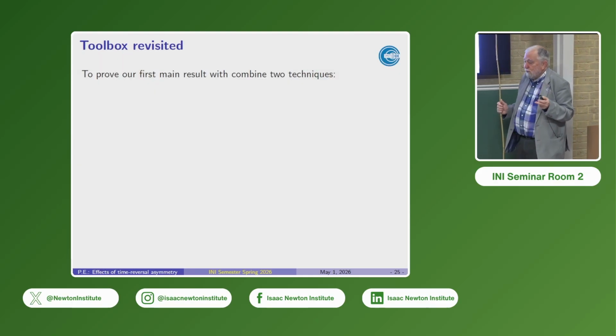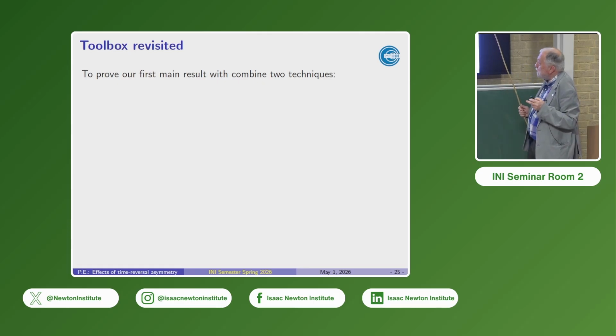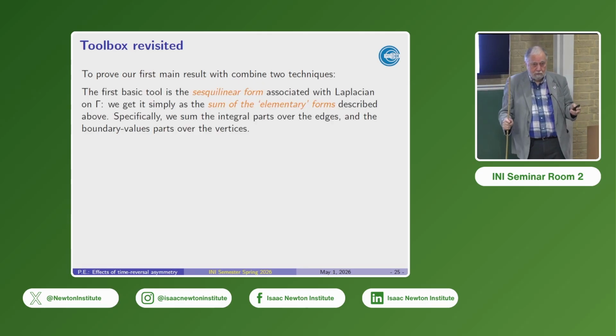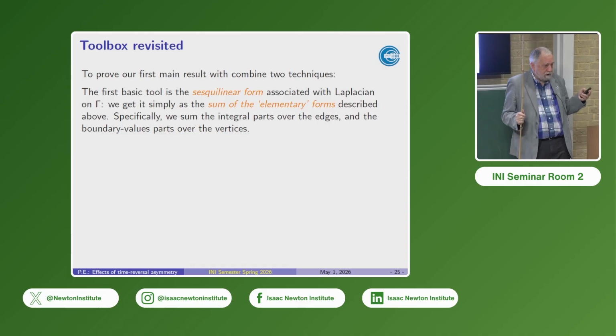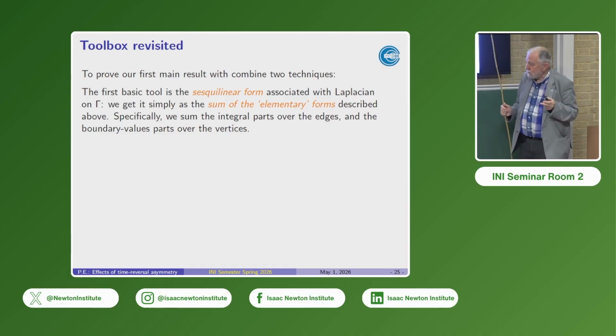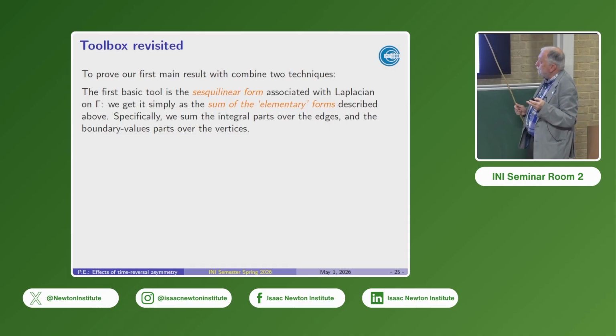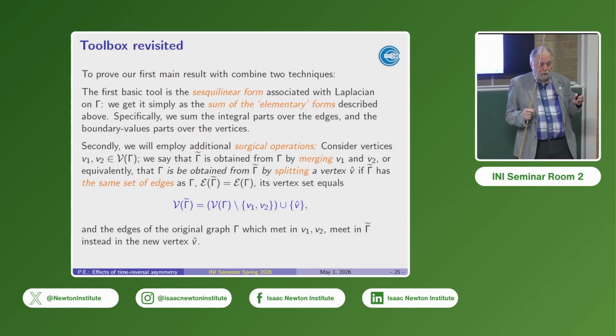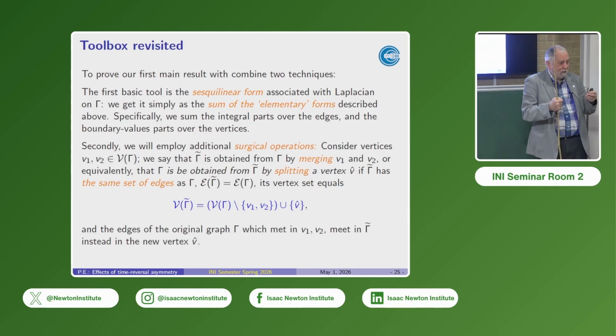Now I need to revisit my toolbox. Two things. First of all, I need the quadratic form of the whole graph. It's just the sum of the forms of individual vertices. And the second thing, more important, is that I will start playing with vertices.